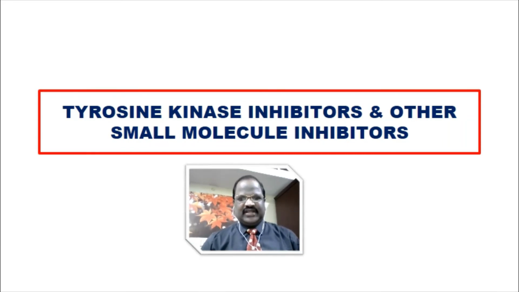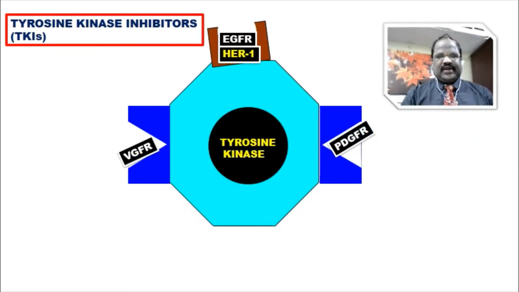Today we are going to discuss one very important topic called tyrosine kinase inhibitors and other small molecule inhibitors. In that, first we are going for discussion of tyrosine kinase inhibitors. When I say tyrosine kinase inhibitor, there are some drugs acting against growth factor receptors.